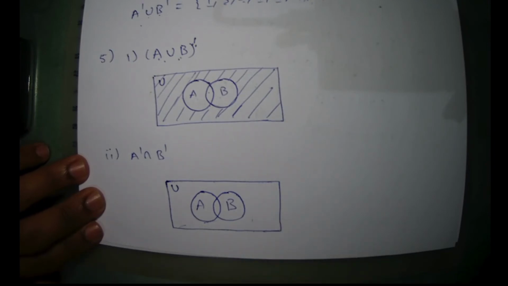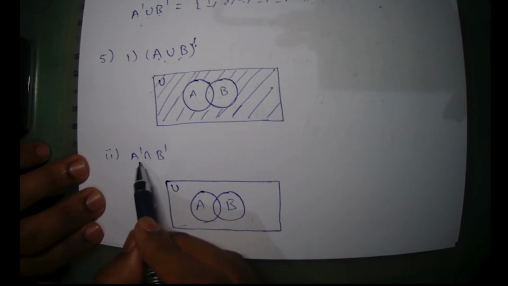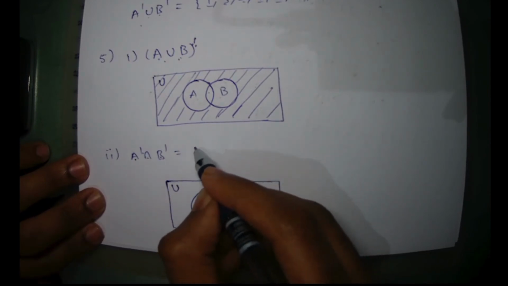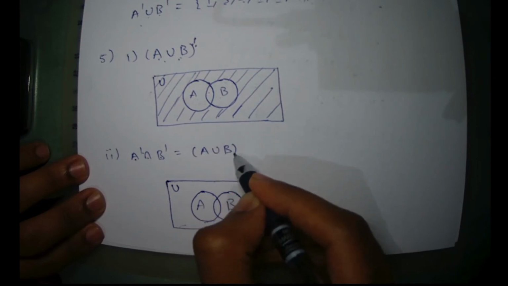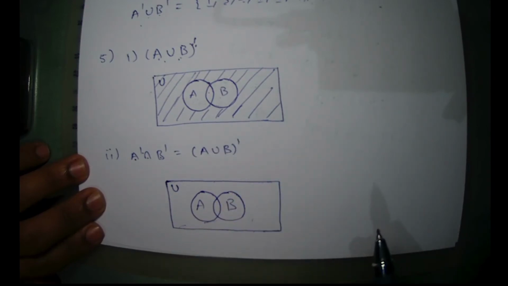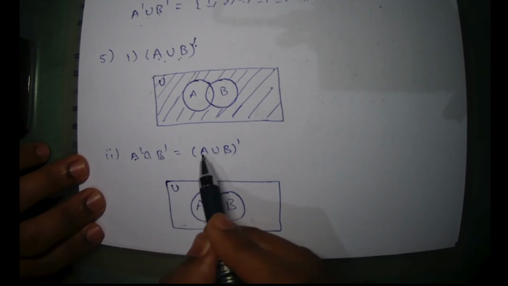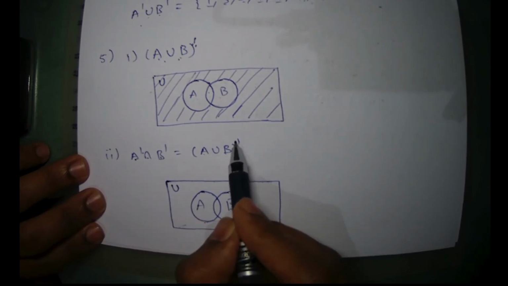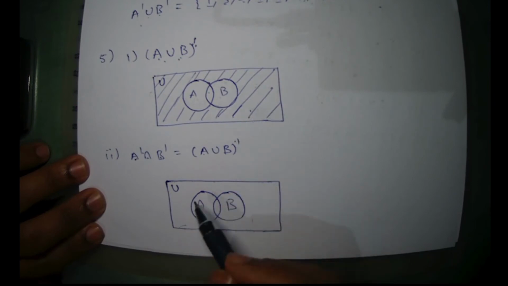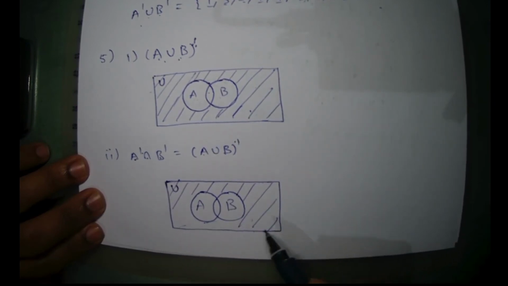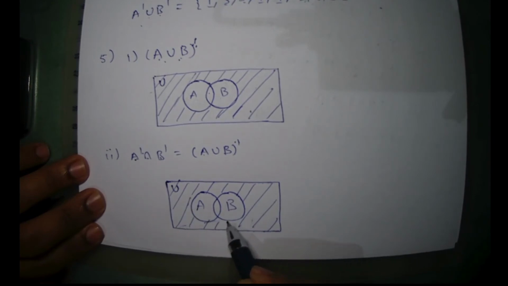But we got to know from the previous question that A dash intersection B dash is nothing but (A union B) complement, correct? So from the previous question we know what (A union B) dash is. So again this will be the same image as the previous question.